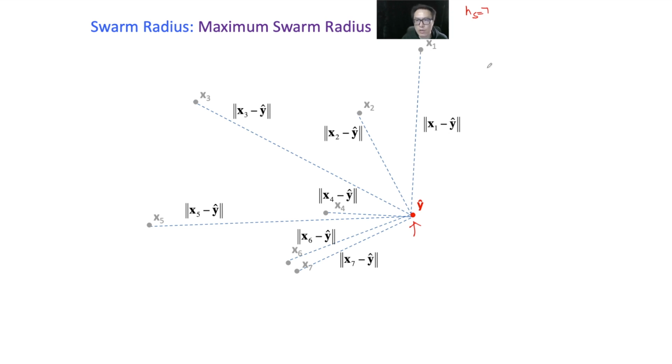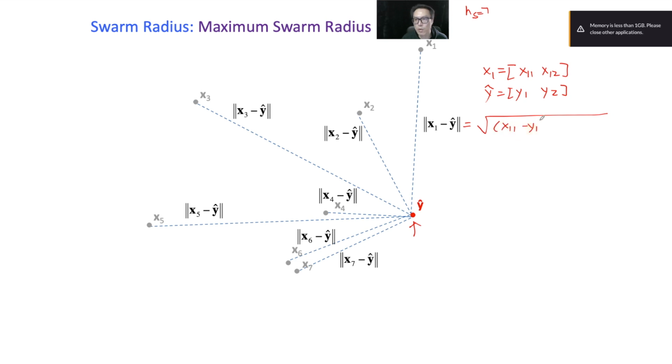If we talk about x1, that is a particle with 2 elements, x11 and x12, and then y hat, we will have y1 and y2, 2 elements. This L2 norm means we are going to do x11 minus y1 squared plus x12 minus y2 squared, take the square root, and then this is the distance right here.